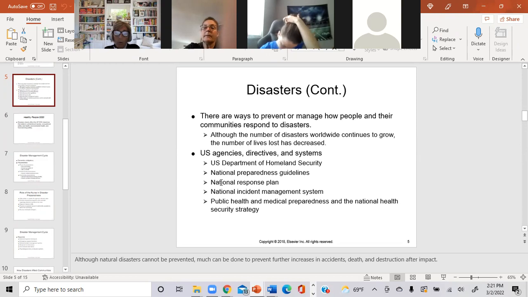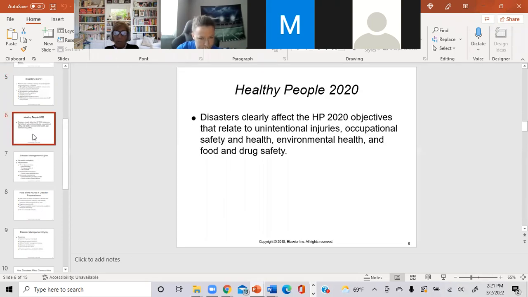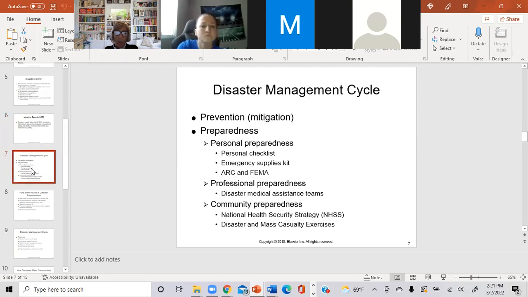We have five agencies, and we need to know what they do, and I'll show you where that is in the book. We also need to be aware of Healthy People 2020 with regard to disaster management.